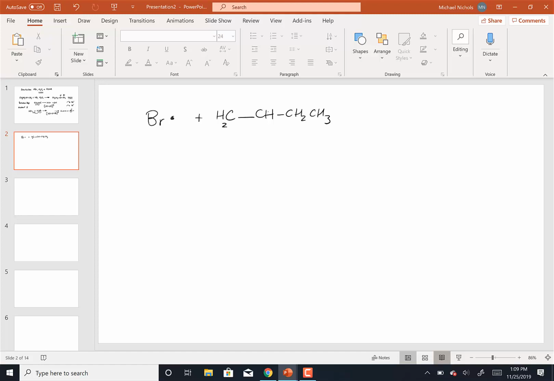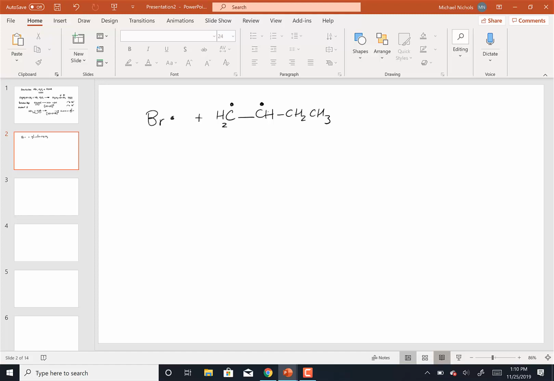So let's treat this carbon-carbon double bond as if it was 2 independent unpaired electrons. So that in essence, this carbon has an unpaired electron and that carbon has an unpaired electron. Now it doesn't, right? It's a carbon-carbon double bond.